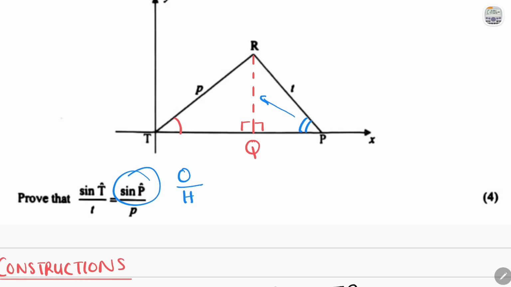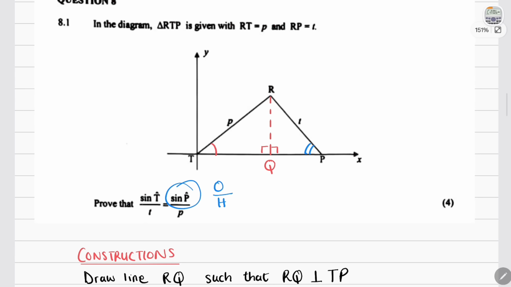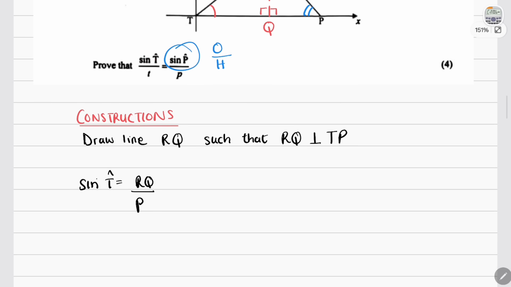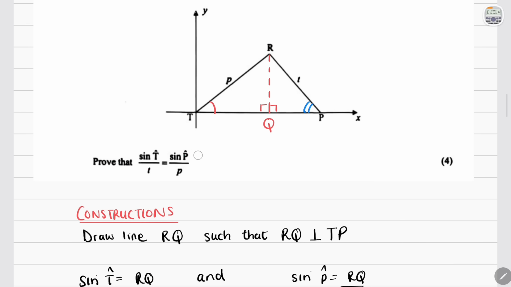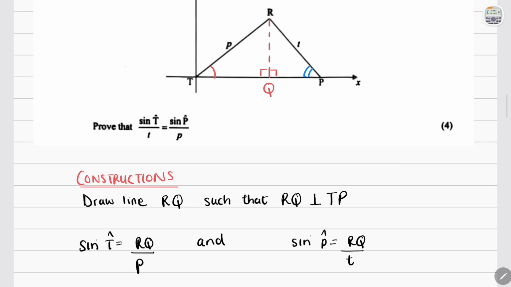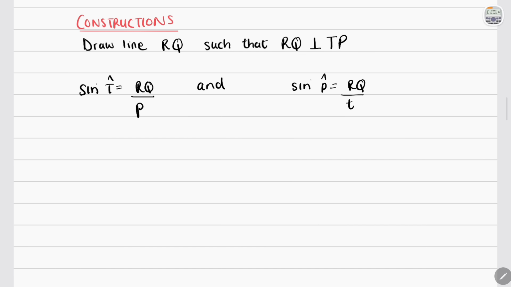The opposite side is RQ, over the hypotenuse, which is T, right opposite the right angle. So that is RQ over T. I'm just doing this separately, and I can see that sine angle P is equal to RQ over T.